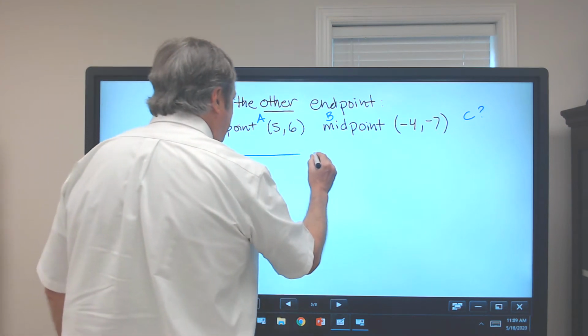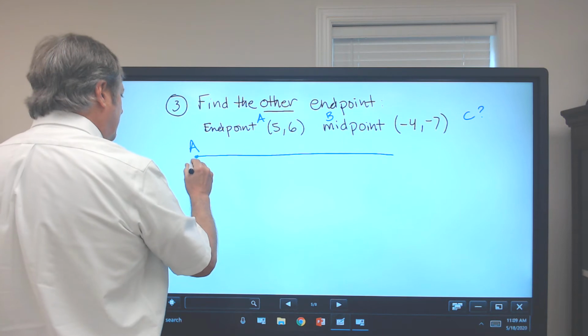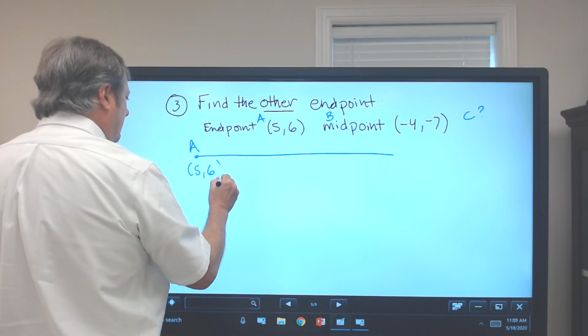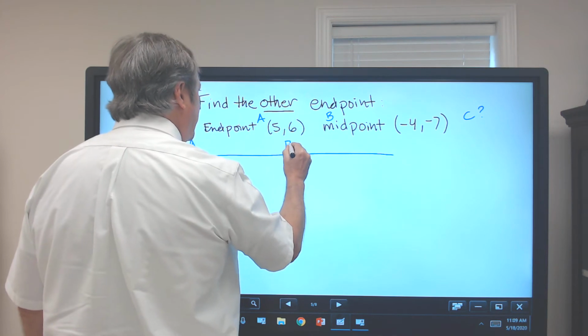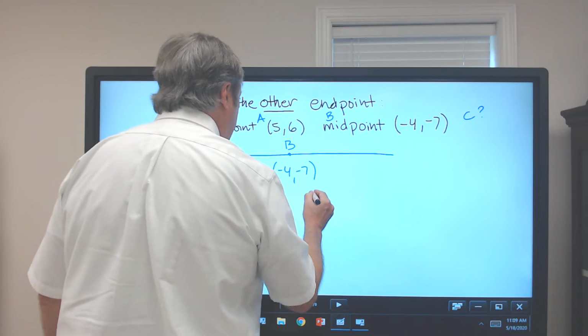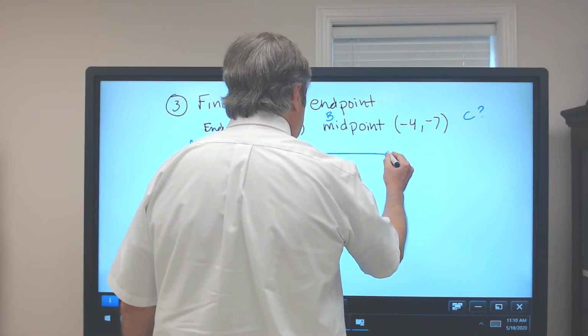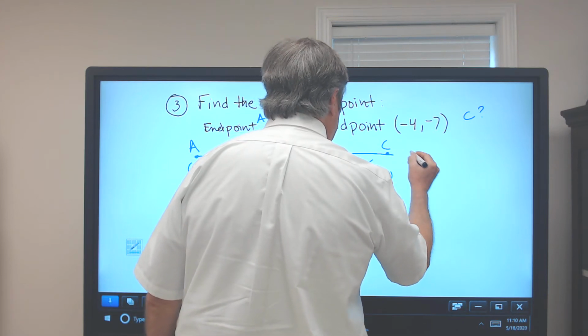And I think it makes sense to me to do it on a line like this. So there's one endpoint. The halfway point, the midpoint, is there. And now we're trying to find that ordered pair.